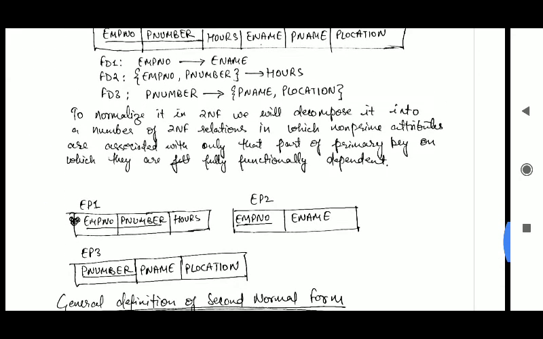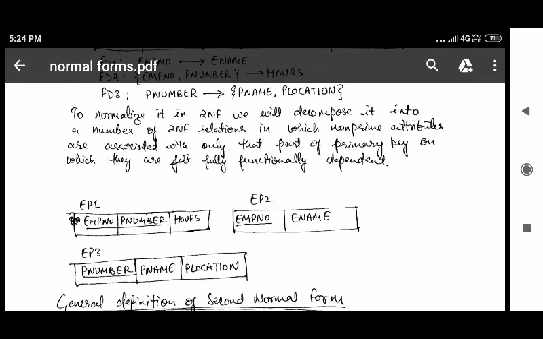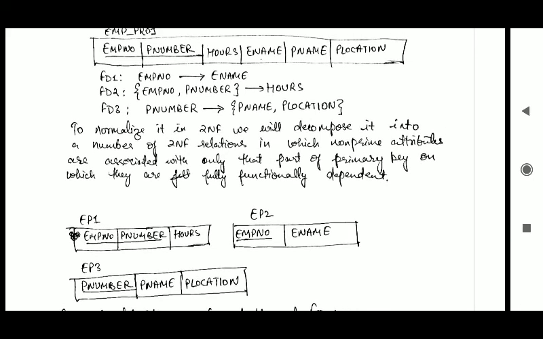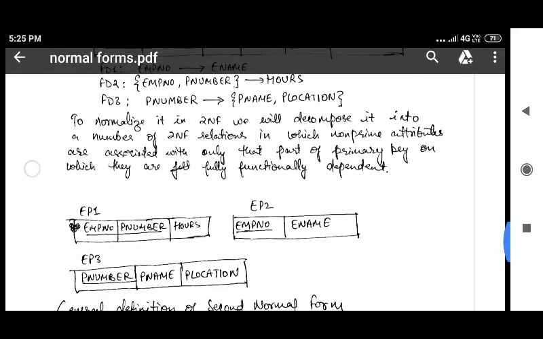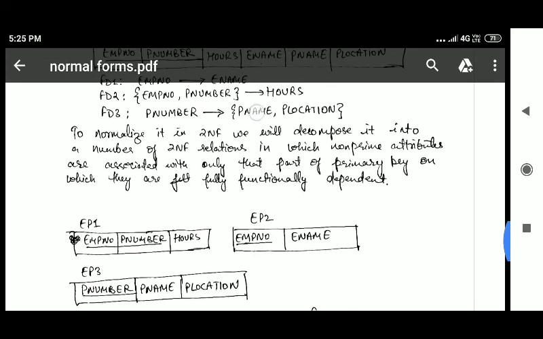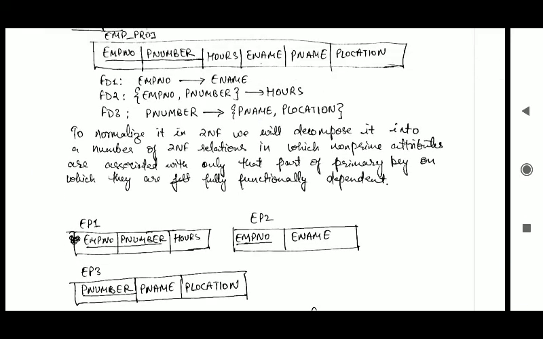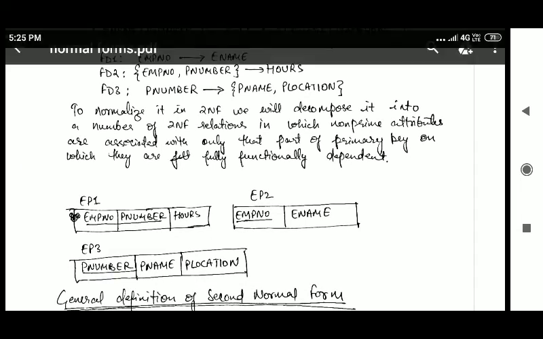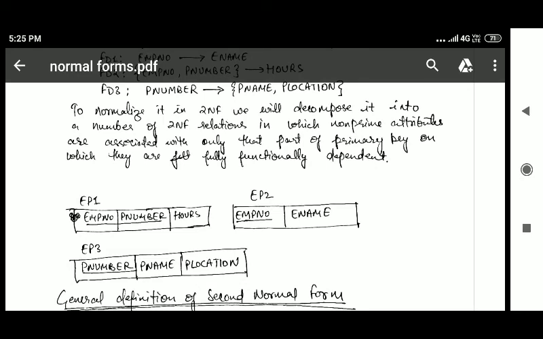So this attribute employee name is associated with the key employee number. Here you can see the non-prime attributes project name and project location. These attributes are also fully functionally dependent on attribute P number. So in EP3, these two non-prime attributes, project name and project location, are associated with the primary key P number. P number is the primary key of this relation schema EP3.